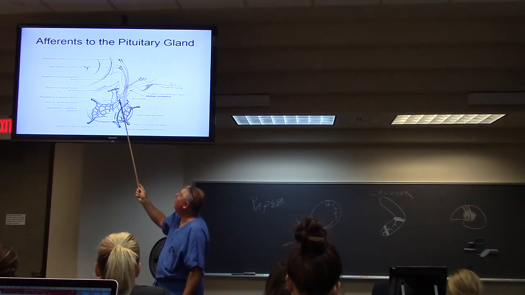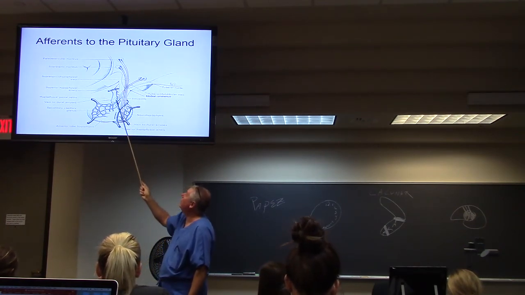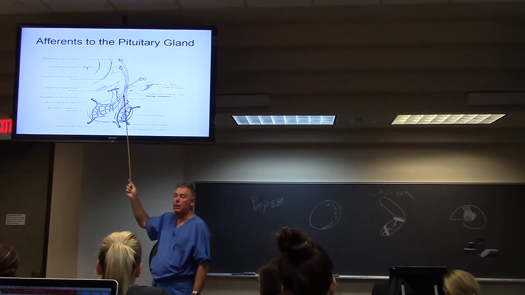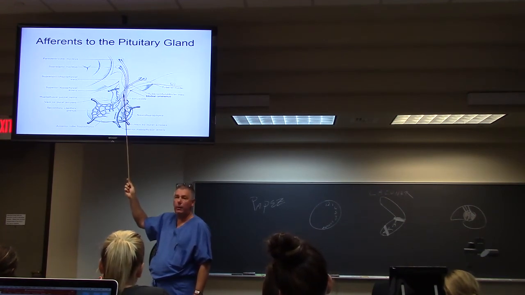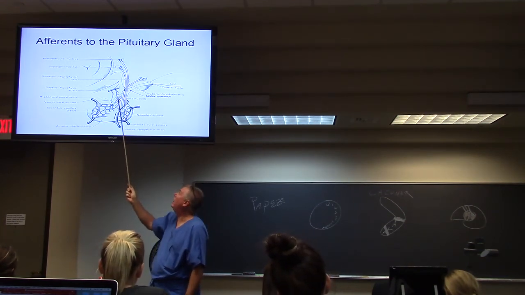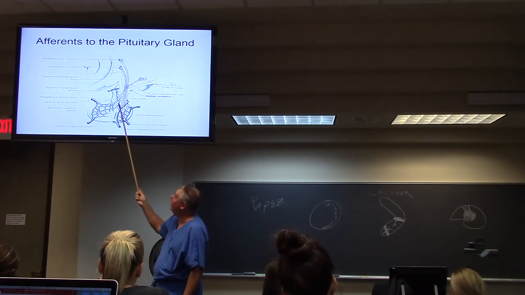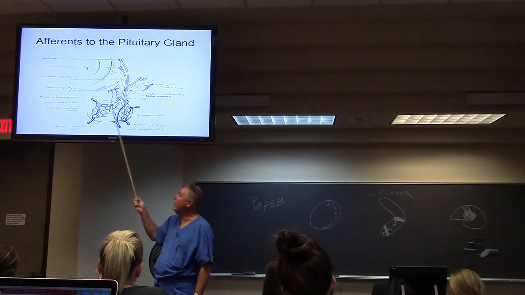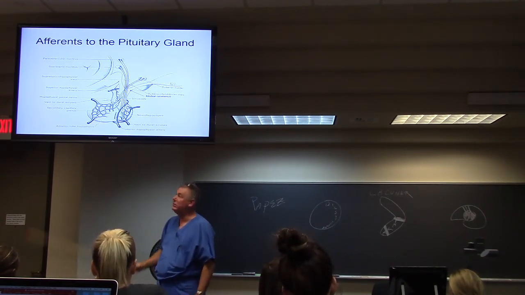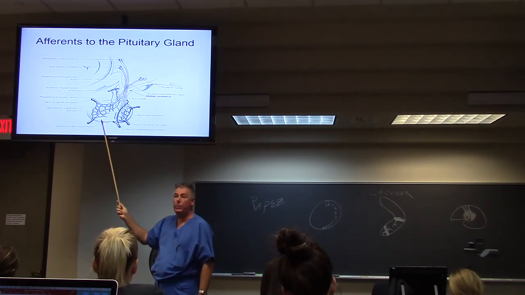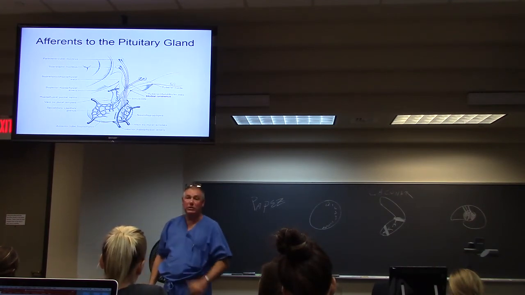So these nuclear groups dump their product into the median eminence. It's picked up by capillaries here and taken to the anterior pituitary, where it bathes cells of the anterior pituitary called pituocytes.